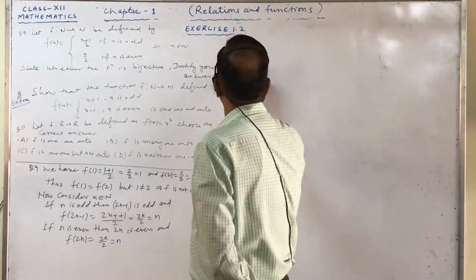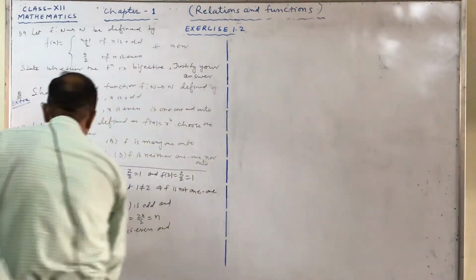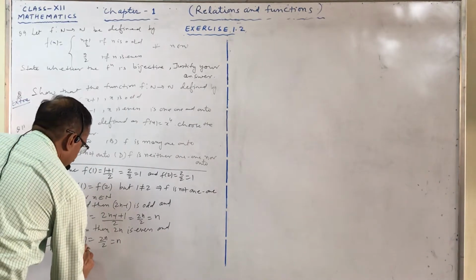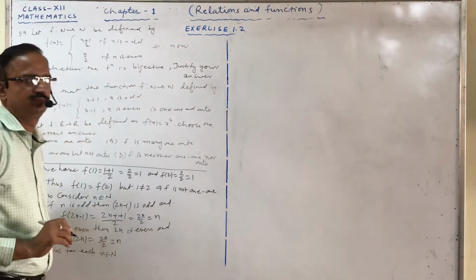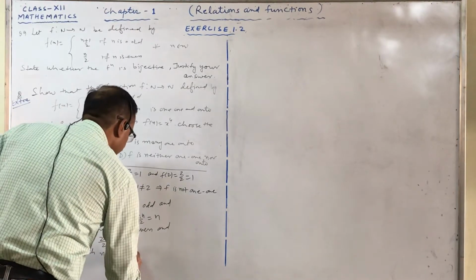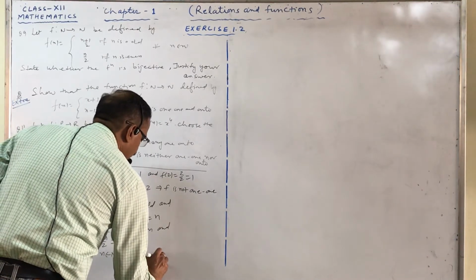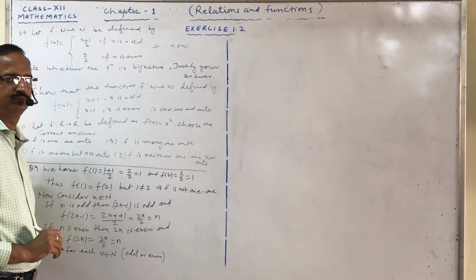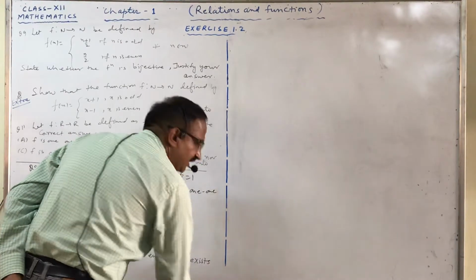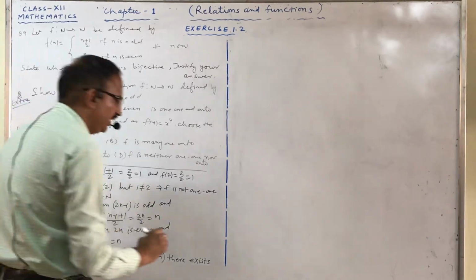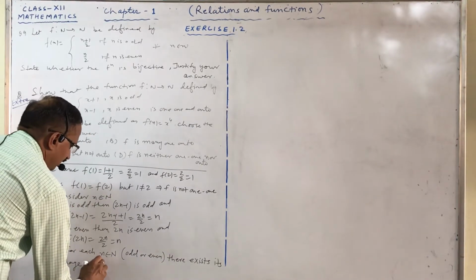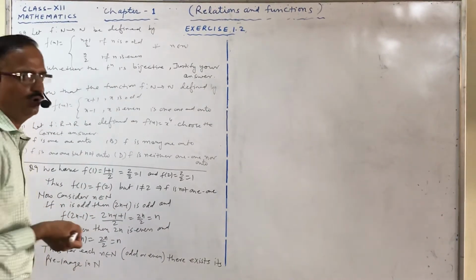So we can say that thus, for each n belongs to N, whether n is odd or even, there exists its pre-image in N. When there is pre-image in N, it means f is onto.